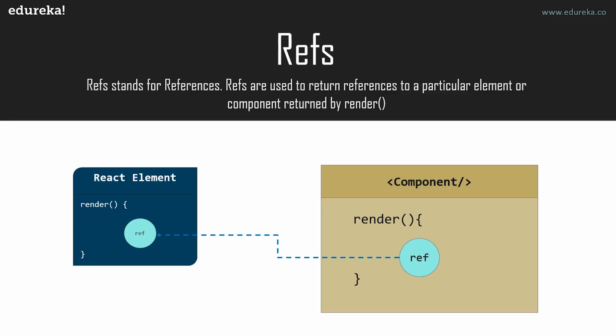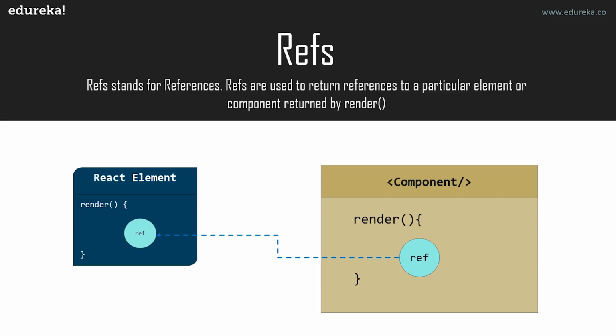However, there are a few cases where you need to imperatively modify a child outside of the typical data flow. The child to be modified could be an instance of a React component, or it could be a DOM element. For both these cases, React provides an escape hatch, which is called refs.